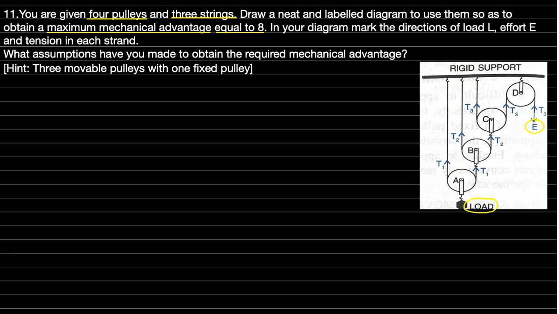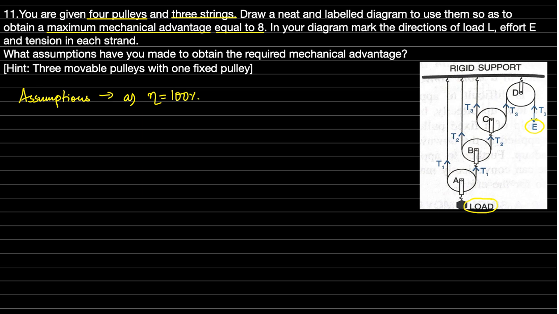So what assumptions have you made to obtain the required mechanical advantage? The assumption is 3 movable pulleys with 1 fixed pulley, so that is what we are supposed to do, and the assumptions remain the same for most of the machines problems. The assumptions are: the first one, efficiency is equal to 100%.